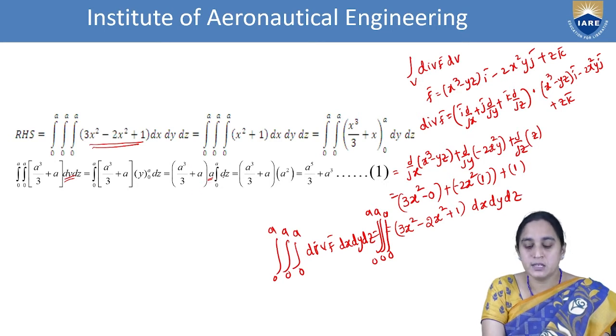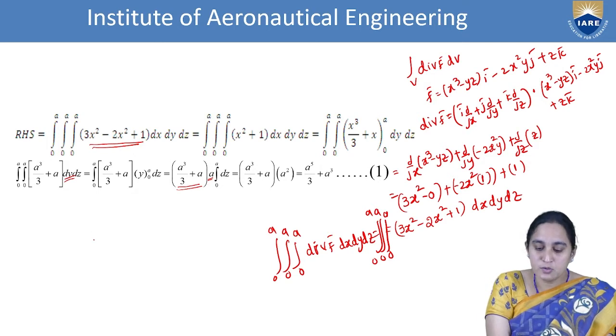and the next integration is with respect to z, and the limit points are 0 to a. With respect to z, the remaining terms are constant, and with respect to dz, that is 1. That means a cube by 3 plus a into a, integral dz, that means z.